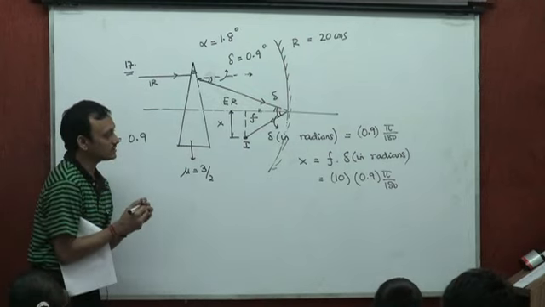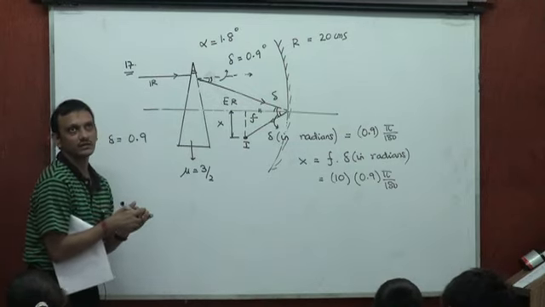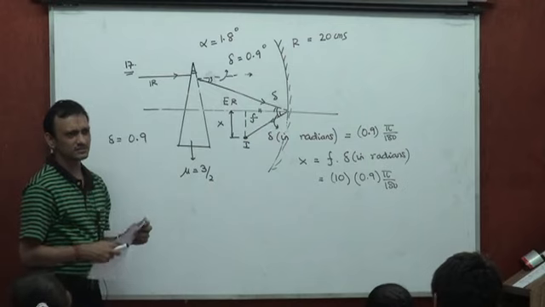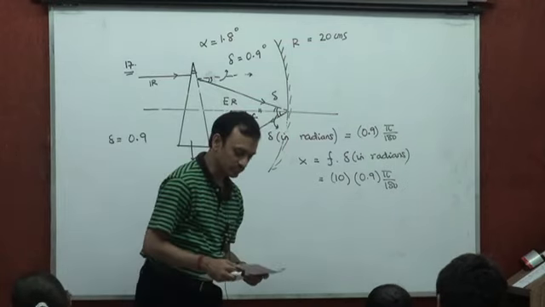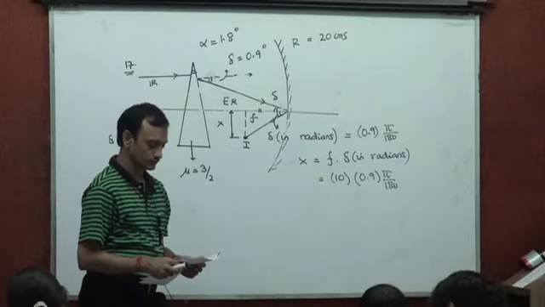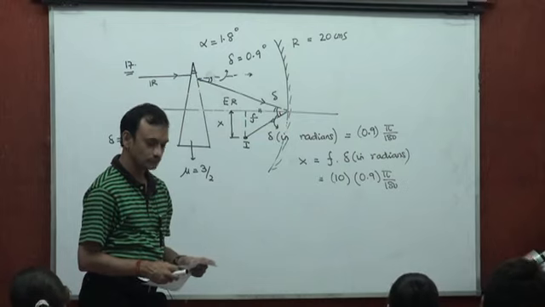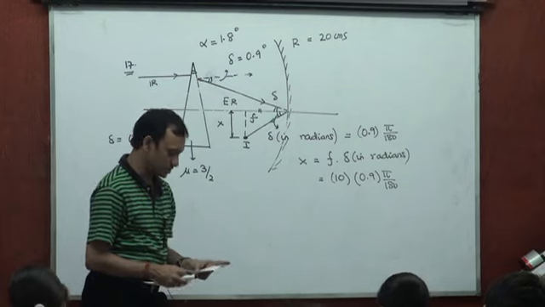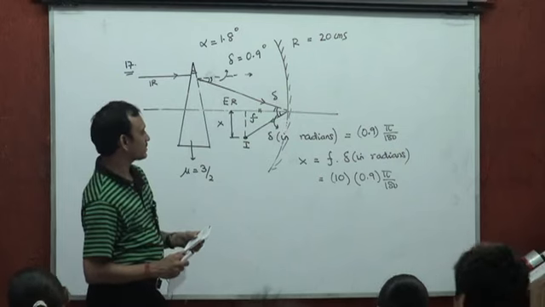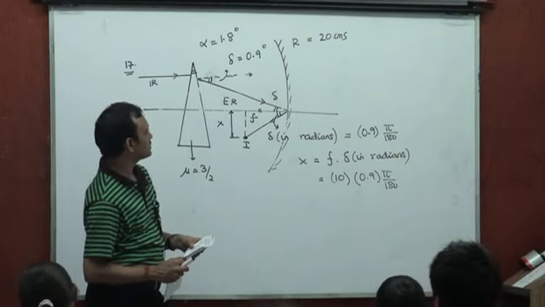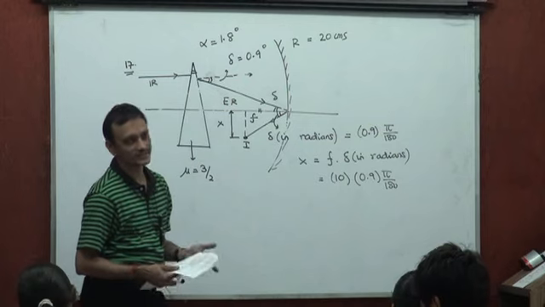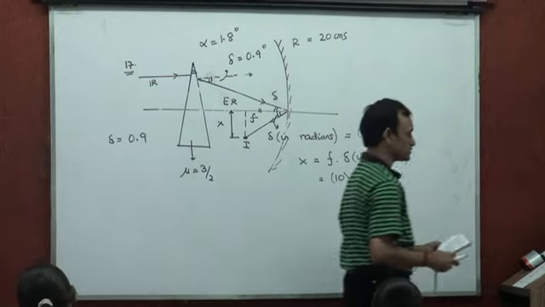Pi by 20. 0.157 centimeters, isn't it? Not a problem. It doesn't match with any one of the options. I have not made a calculation mistake, right? F 10 centimeters, 0.9 into pi by 180 is pi by 20, 0.157. It's not matching with any of the options.